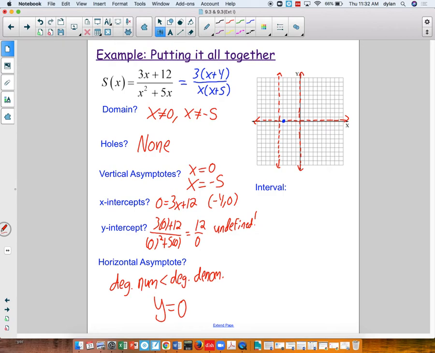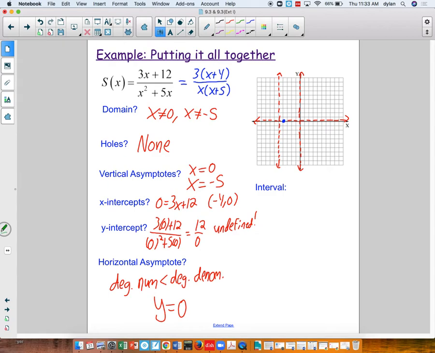Now, the last step here is we need to add in our interval table, because at this point, when we look at the graph, we have no idea where the curves are going to go for each section. They might go above the horizontal asymptote, they might go below the horizontal asymptote, they might cross it. We need to essentially test points to figure that out.